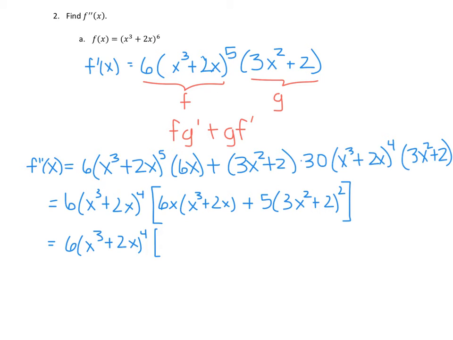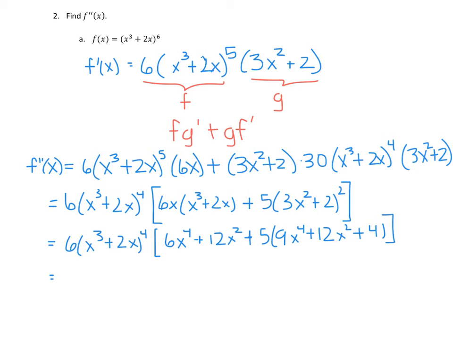Distributing the 6x through, we have 6x to the fourth plus 12x squared plus a 5 times, and when we multiply this out, we're going to have 9x to the fourth plus 12x squared plus 4.